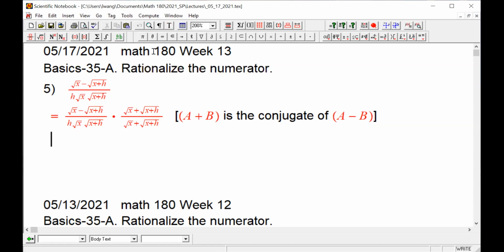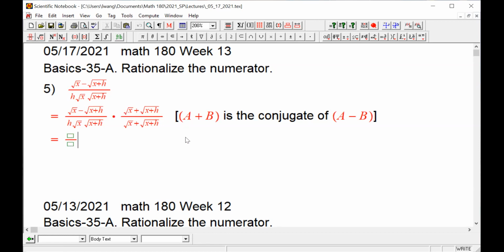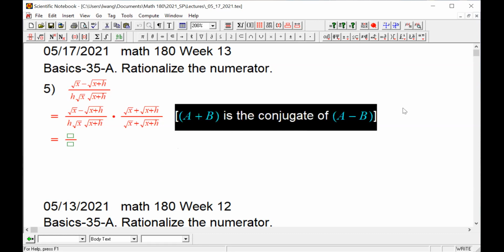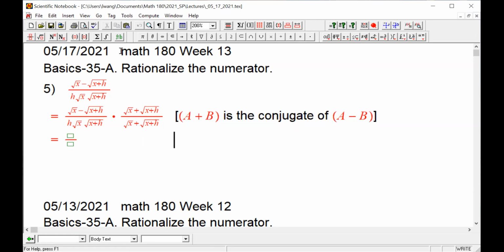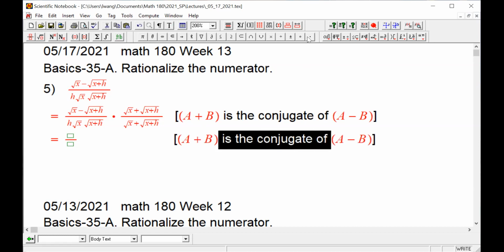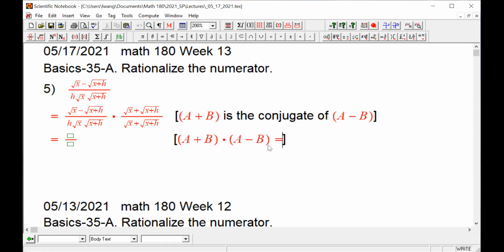Now, with that said and done, we could apply the properties of conjugates. We know that when conjugates multiply each other, it equals a squared minus b squared. That's what we want.